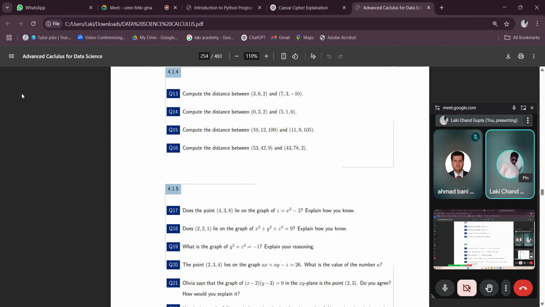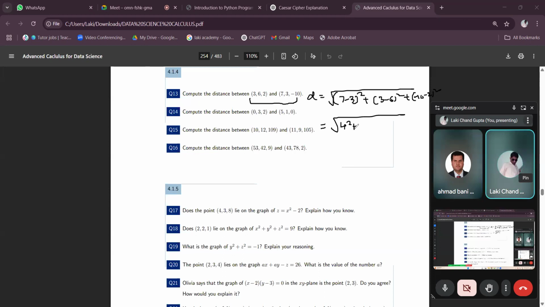Okay. Distance between these 2 points. How can you calculate? 7 minus 3 whole square, 3 minus 6 whole square, plus 10 minus 2 whole square, right? 169.